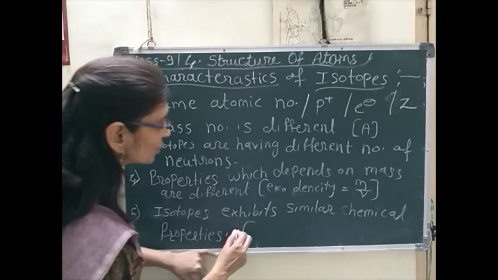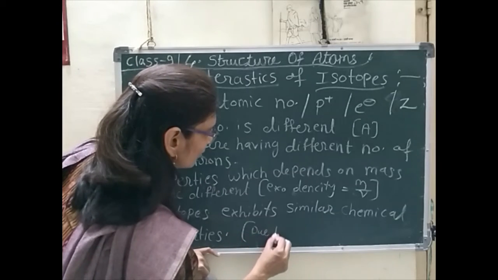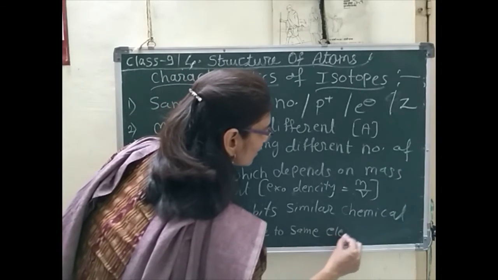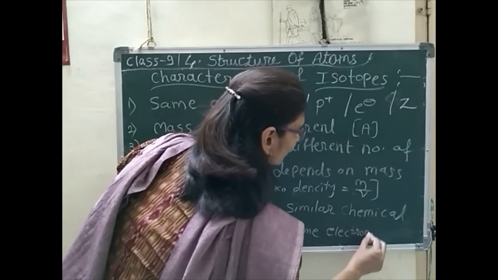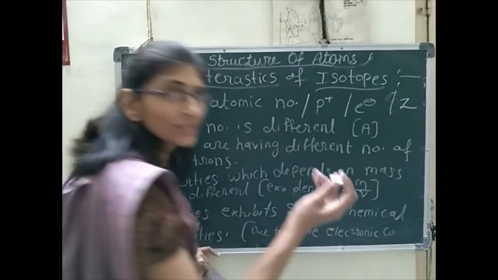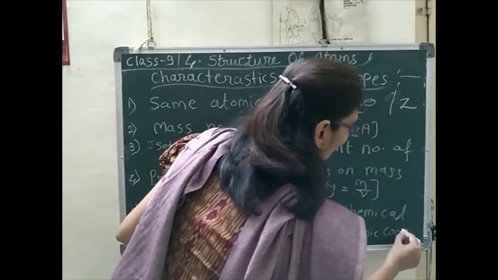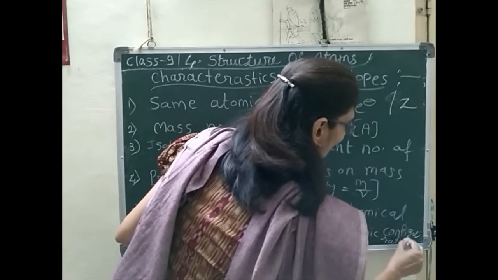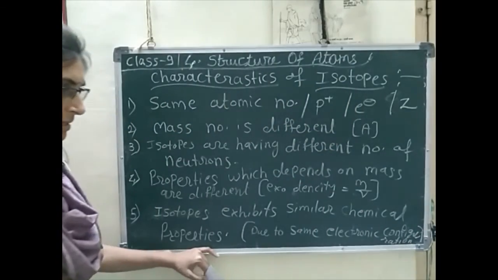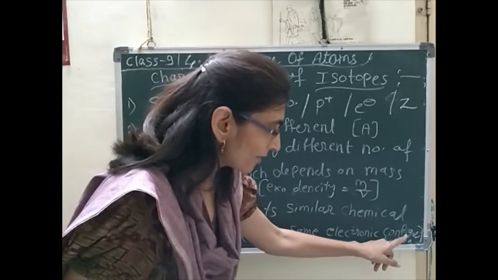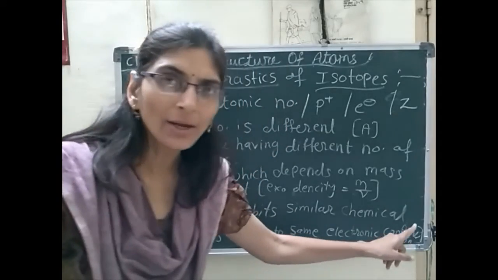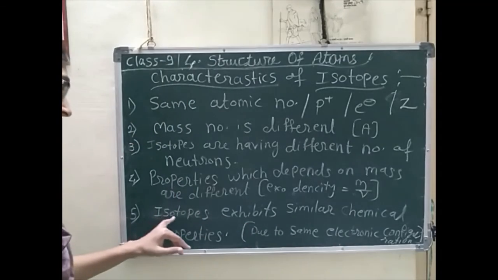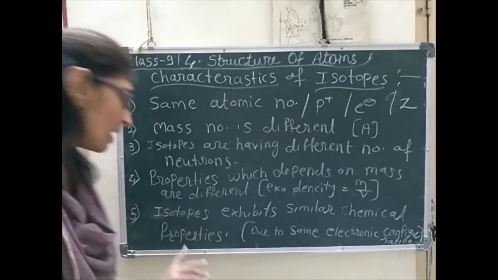Write in bracket, it is due to same electronic configuration. Electronic configuration means distribution. Due to same electronic configuration, isotopes exhibit similar chemical properties.